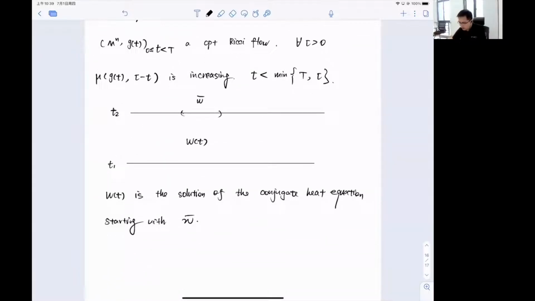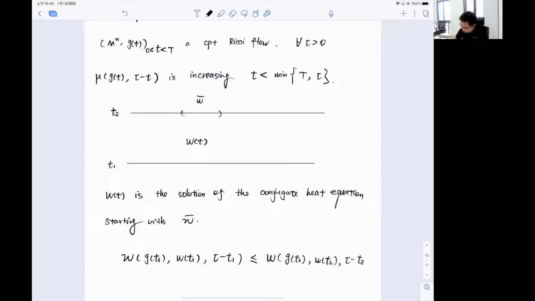So that means omega t is the solution in between t1 and t2. So basically with this choice, we just need to compute the W function at omega t, that is W(g(t1), omega(t1), tau minus t1) as a test function with the scaling factor tau minus t1 is less or equal to W(g(t2), omega(t2), tau minus t2).